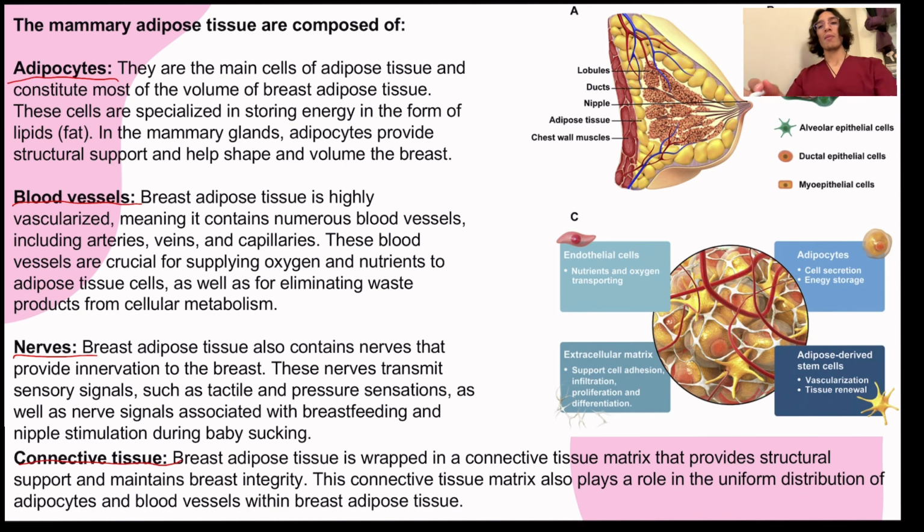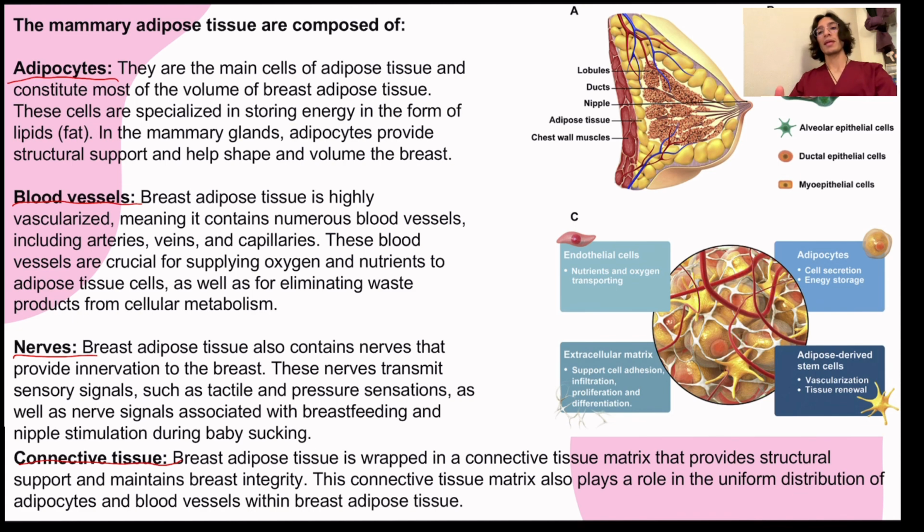Blood vessels. Breast adipose tissue is highly vascularized, meaning it contains numerous blood vessels, including arteries, veins, and capillaries. These blood vessels are crucial for supplying oxygen and nutrients to adipose tissue cells, as well as for eliminating waste products from cellular metabolism.